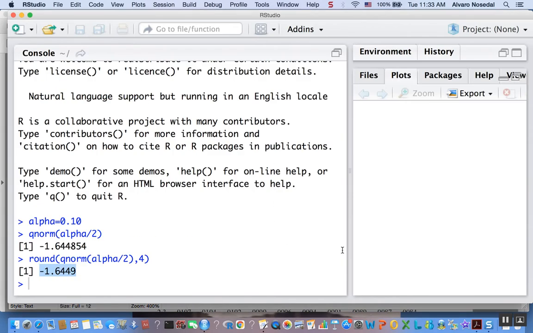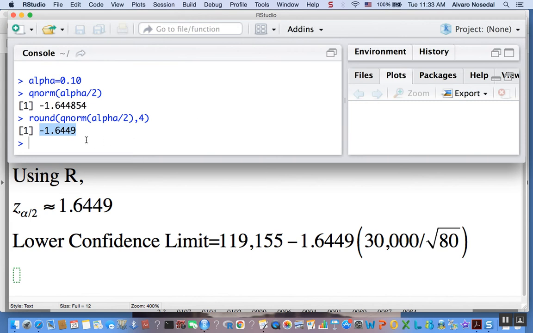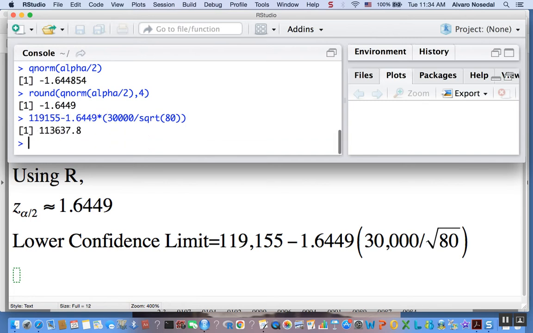So it would be just 119,155 minus 1.6449 times 30,000 divided by the square root of 80.